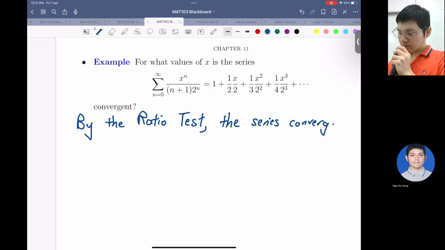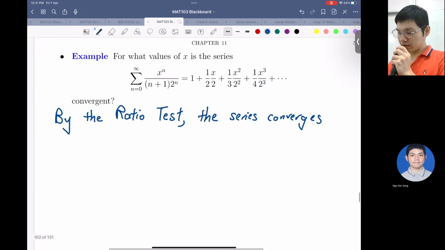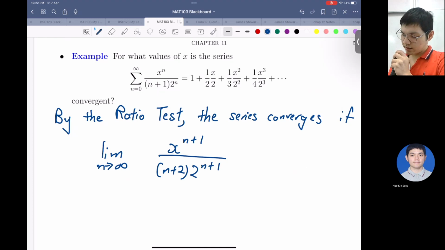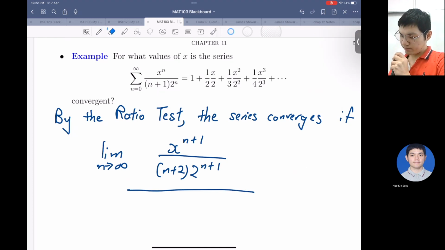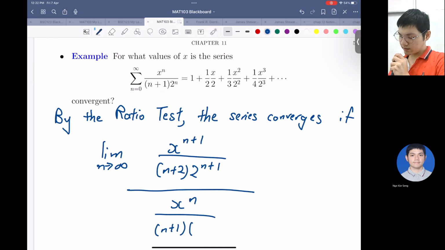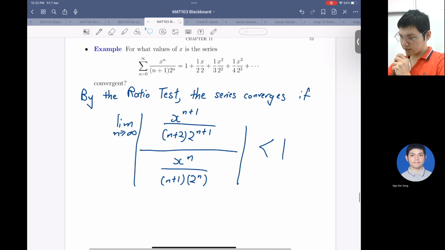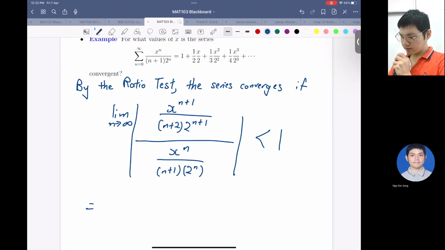Okay. So the series converges if the limit of the n plus 1 term over the n term is less than 1. So you need to make this thing less than 1. So how do we simplify this?